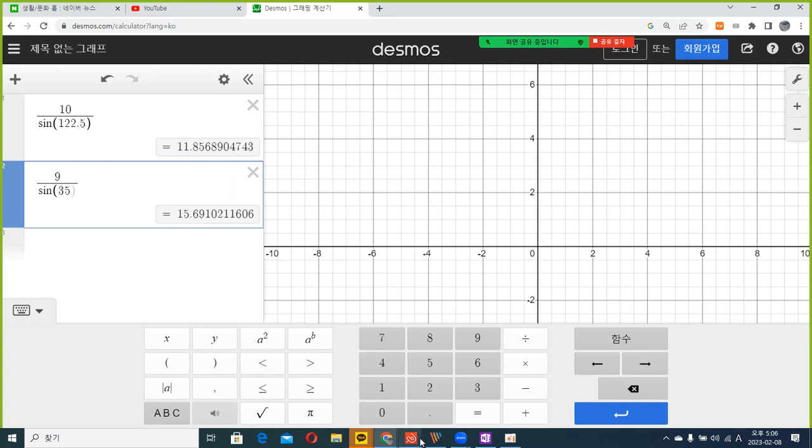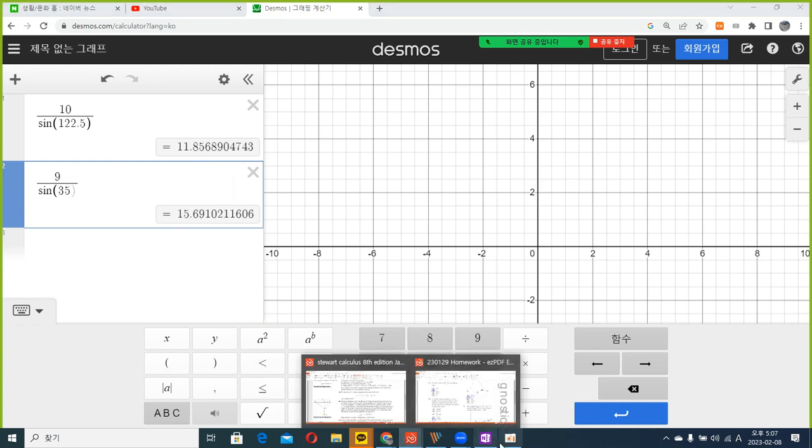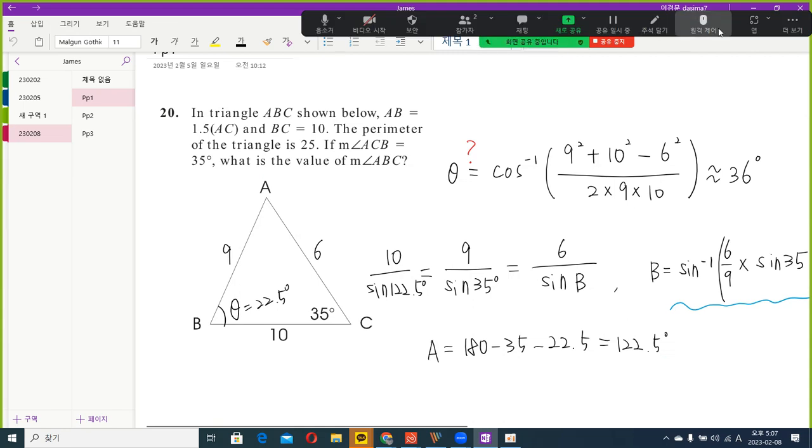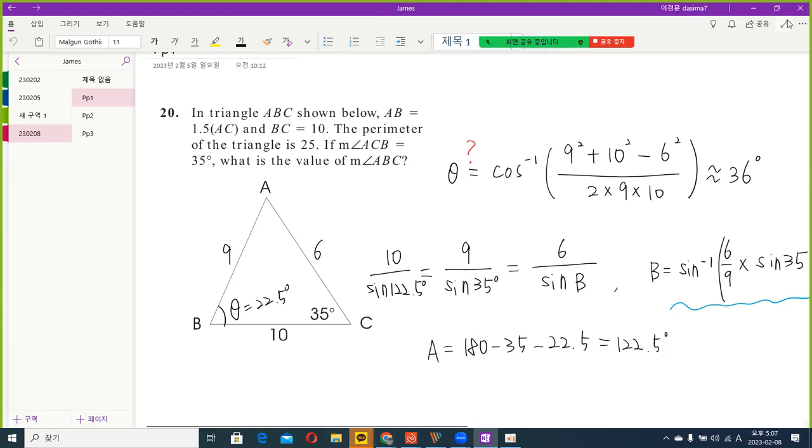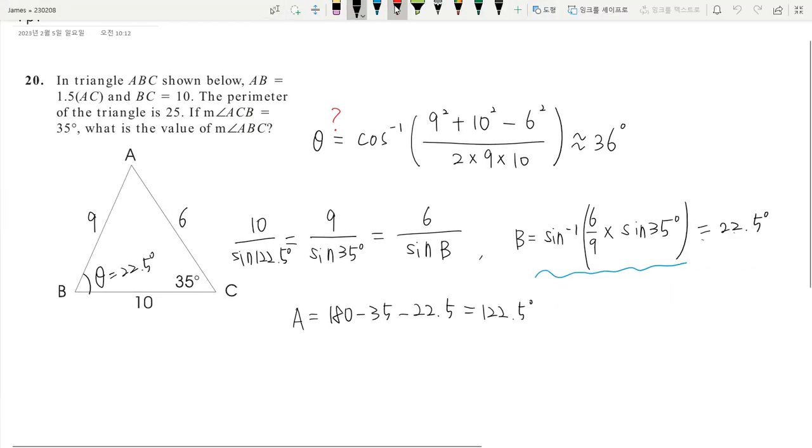So that means the law of sines doesn't work in this case. So that's why it cannot be 35 degrees for angle C.